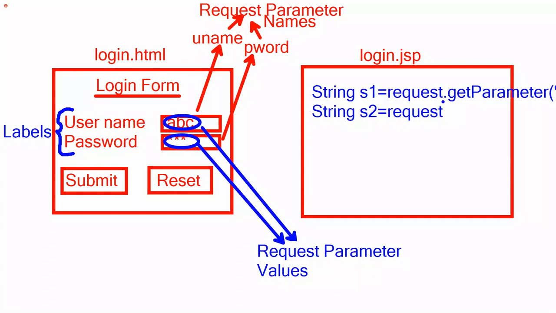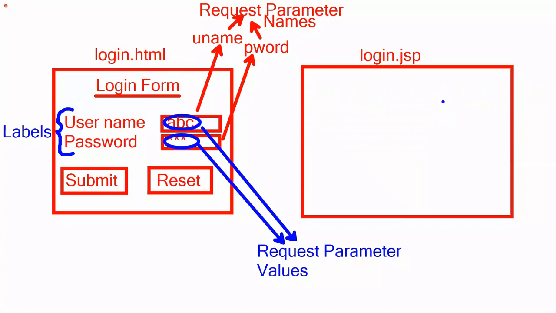If you want to replace scriptlets, JSP EL is required or JSTL is required. That is tomorrow's class. If you want to print, can I use an expression? If you want to print, request dot getParameter, like this, can I write? Get parameter uname, like this, can I write? Yes. It is the new style.